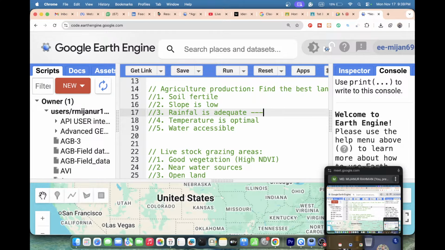Suppose I set the weight for rainfall at 30%. I put the importance at 30%. Then I choose slope, and I put the weight for slope at 20%.